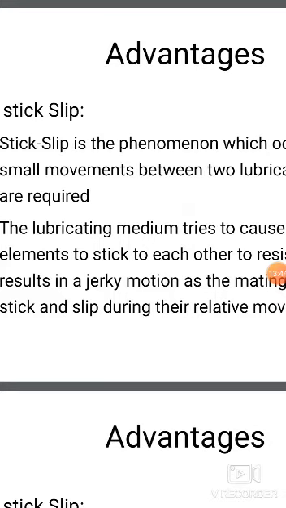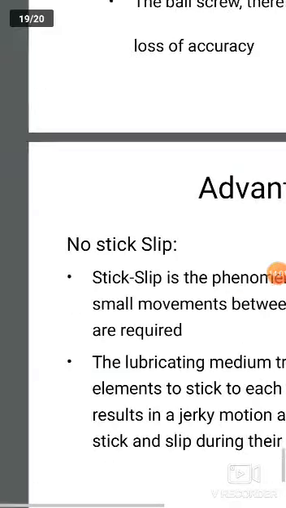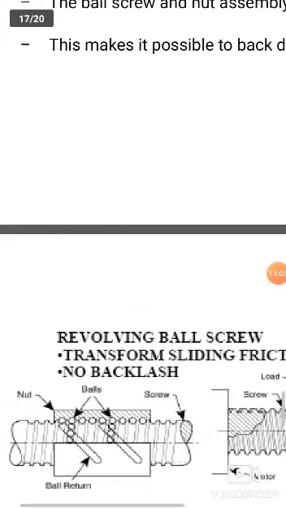Hence, it cannot be used for carrying heavier loads at faster speed. So it cannot be used for heavy loads. So these are the different types of advantages in ball screws.